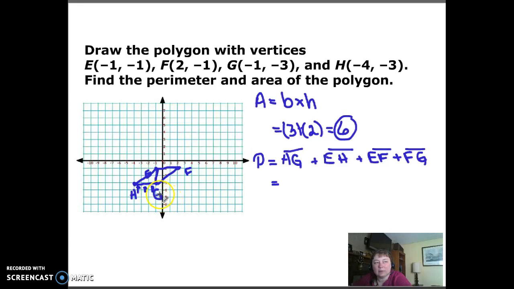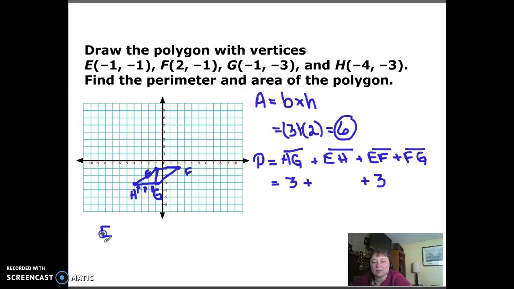HG we already found is 1, 2, 3. EH we don't know yet, but we do know EF. We can count that. 1, 2, 3. Those were easy to find. Alright, notice EH and FG, those are not horizontal or vertical, so they're a little bit harder to find, but we can find those using our distance formula.